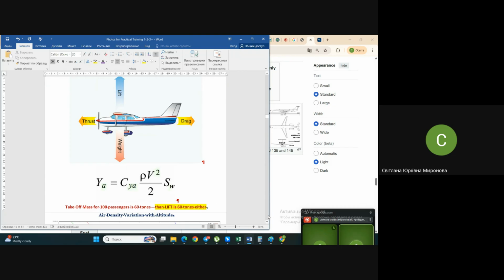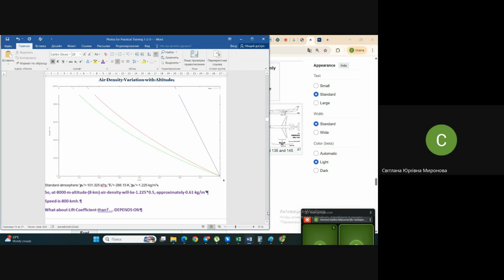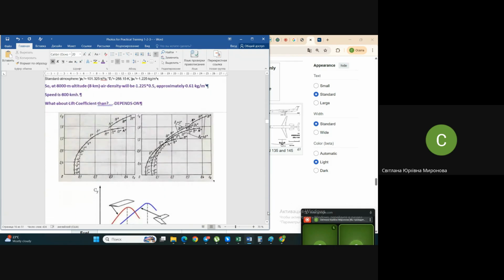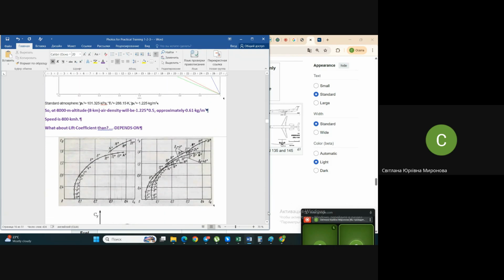And next, you need to finally tell me what the weight of the airplane is, the takeoff weight of zero iteration, what the area of the wing is, and what consideration you have used. Either it was a specific payload on the wing.